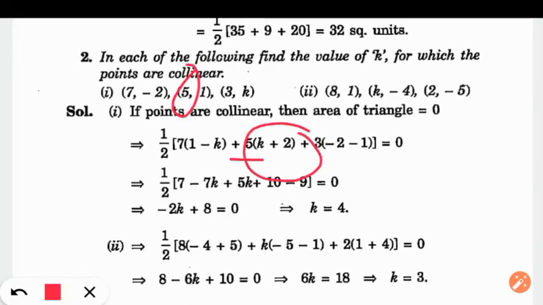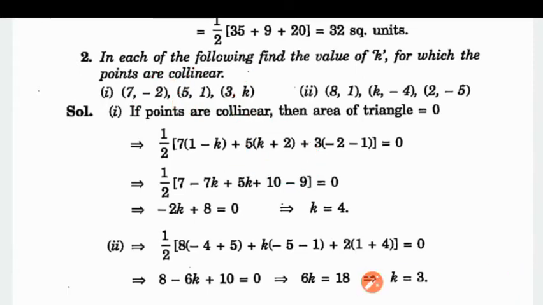If x with 2, then y with 1 and 3, so y3 minus y1. y3 minus y1 means -2, so minus of -2 gives you +2. Then we have plus x3, then y with 1 and 2, y2 minus y1.